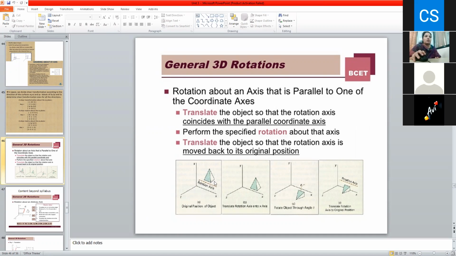But suppose instead of x, y, z, I want to rotate the object about any arbitrary axis. This is the axis around which I want to rotate the object. Getting it? Now it is neither x nor y nor z. It is the arbitrary axis around which I want to rotate this pyramid. Getting it? All of you?